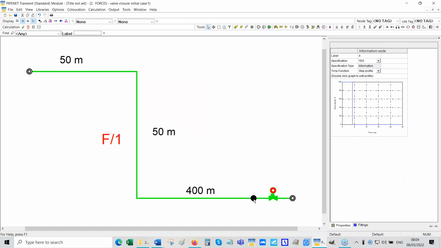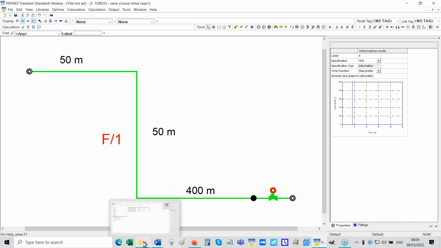So that is what I mean by saying at the time the valve finishes closing, in this case, this instantaneous closure, you still won't get any unbalanced force until the pulse actually reaches that point.